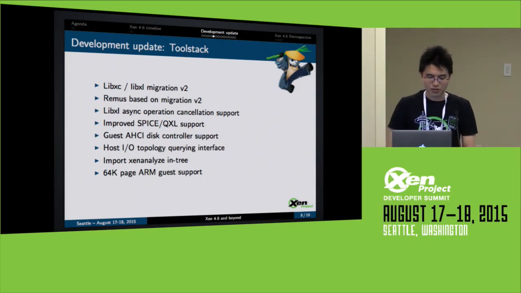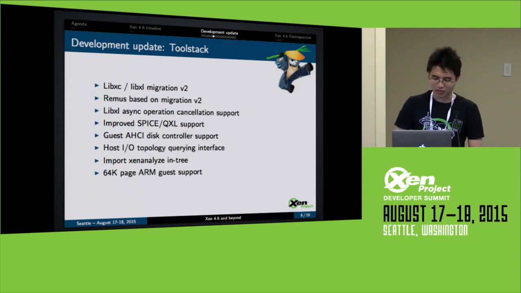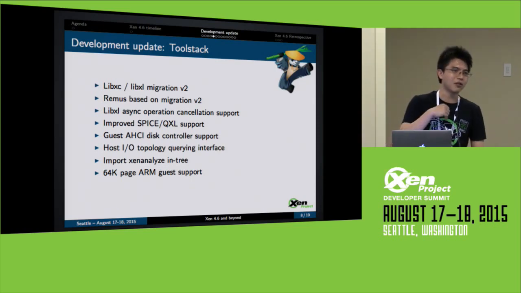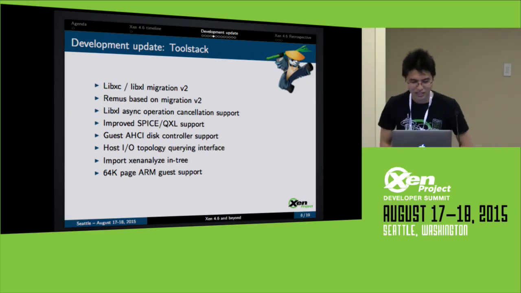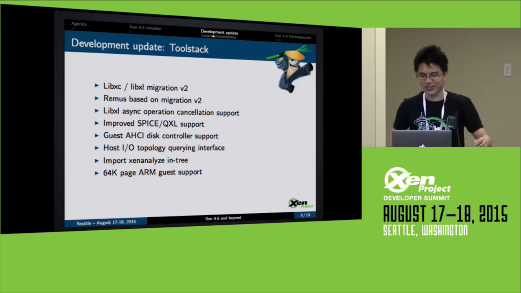And then Remus, which is a high availability solution, has been switched to be based on migration v2. Yeah, I hope that's correct, Andrew? Okay, yeah. It's all in your talk later.